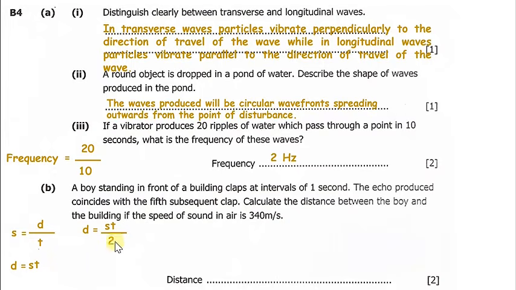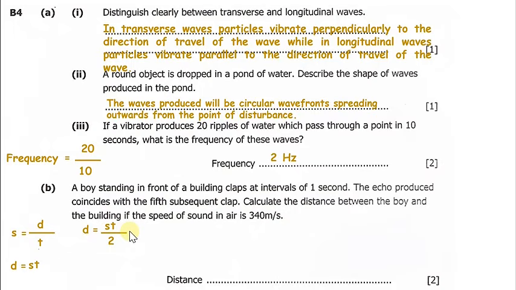This one is the same, I've put over 2, because this time, which we are going to put here, which I've said is 5 seconds already, is when someone claps, the sound of the clap goes to the wall and then comes back for someone to hear the echo.